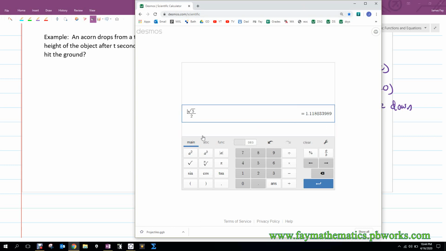And we can check that. If I let that be t, and type in negative 16 t squared plus 20, does it give me 0? It gives me something pretty close to 0, in scientific notation. But even if you think about it, negative 16 t squared would be negative 20, so adding 20 to that would give you 0.